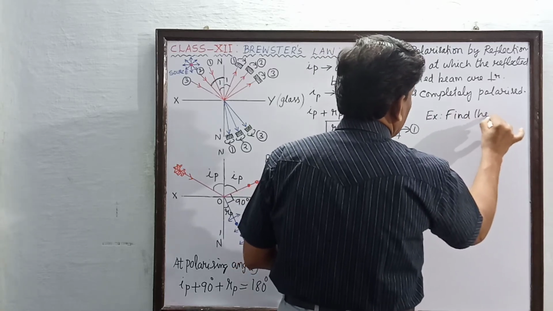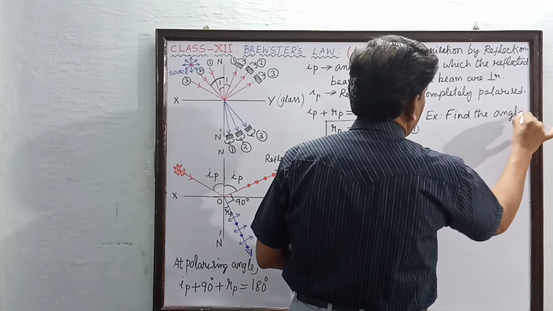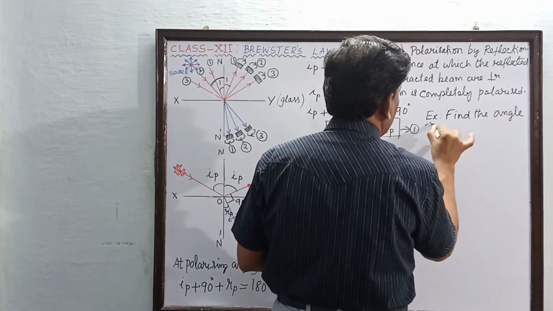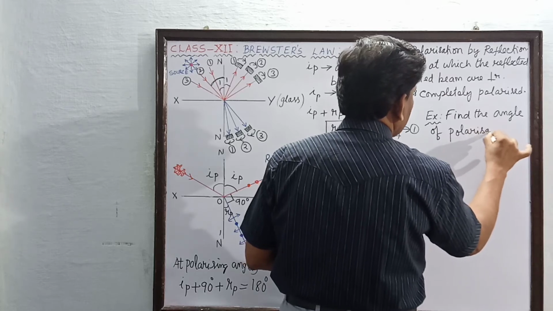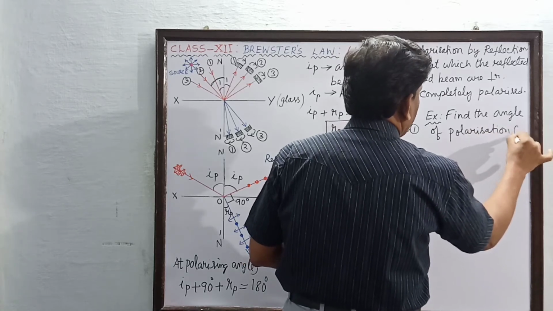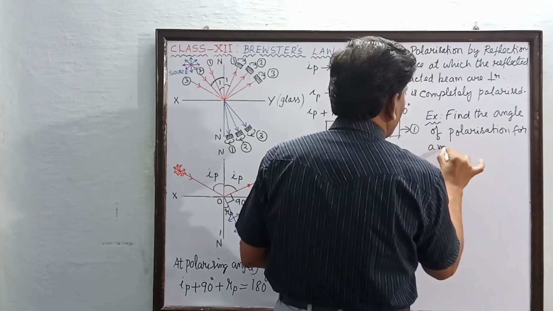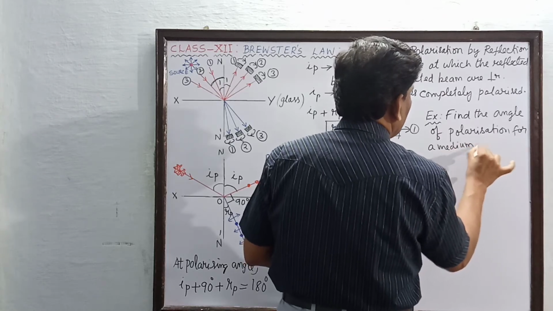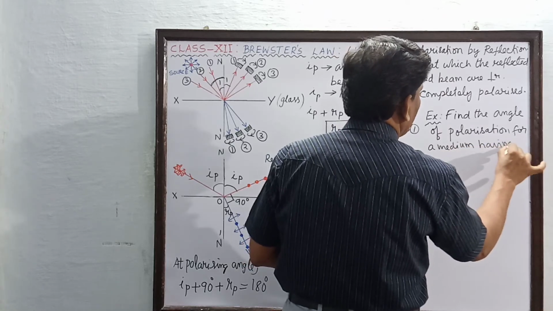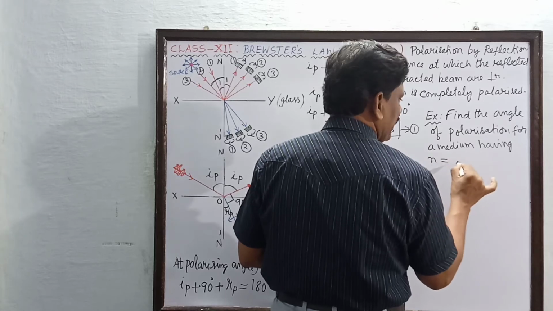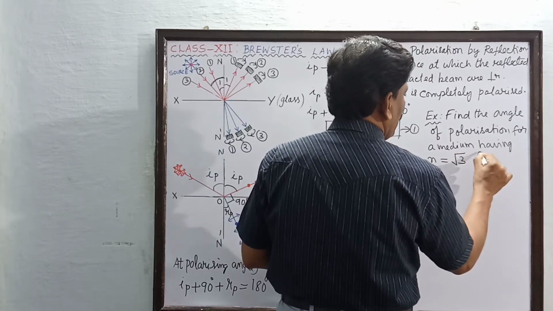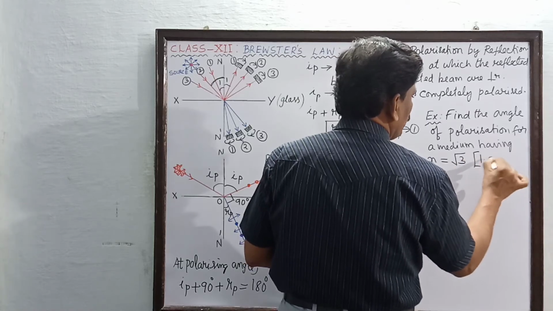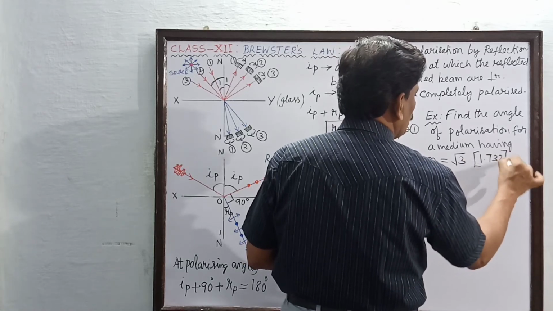Find the angle of polarization for a medium having refractive index equal to square root of 3, or they may give it in value 1.732.